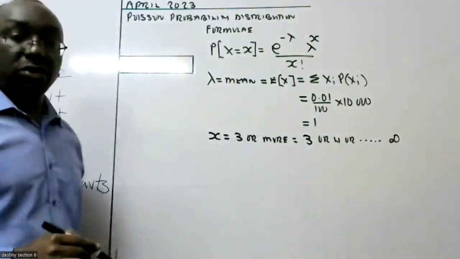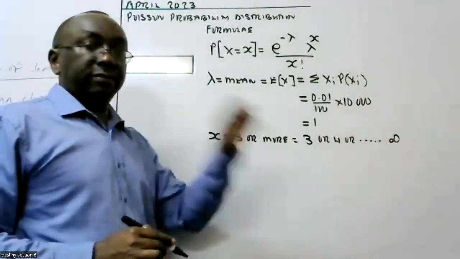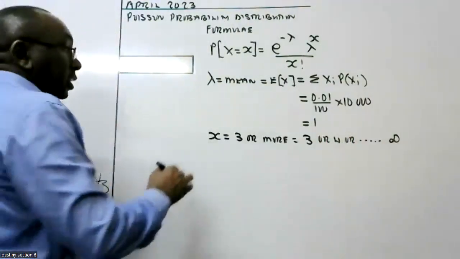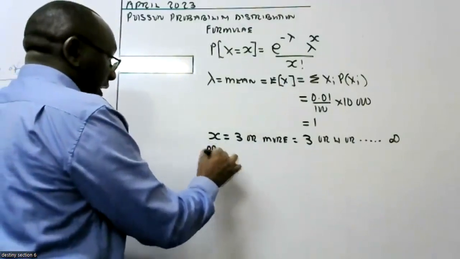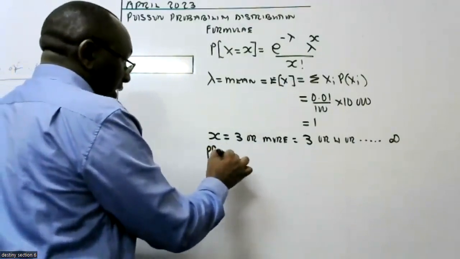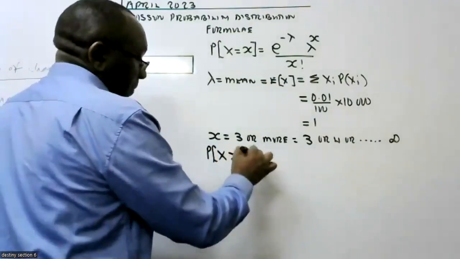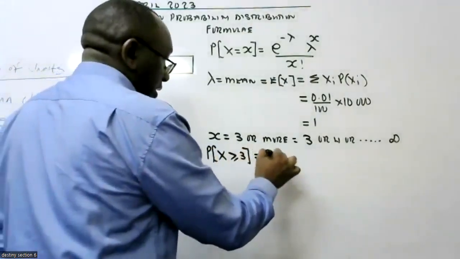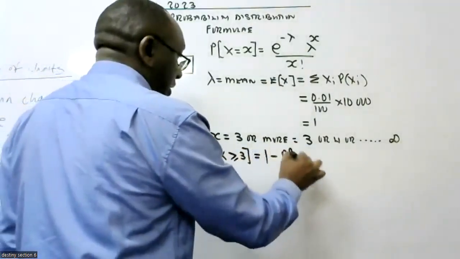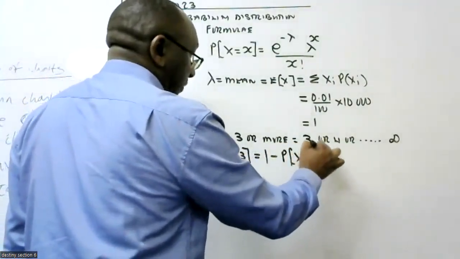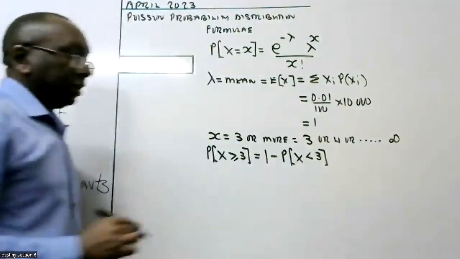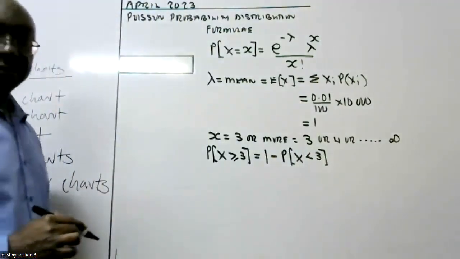Now, because we do not know what would be the end, we can also say that probability that X is greater than or equal to 3 is the same thing as saying it is 1 minus probability that X is less than 3.